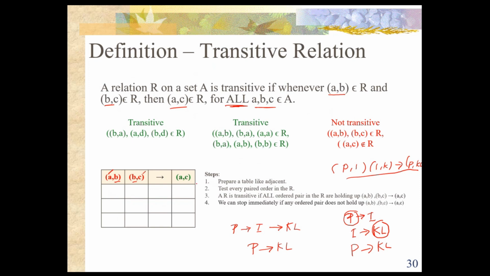All right. Then after that, we'll be looking at the relation. This is another way of writing relation. You can write this way, or you can write this way. All right. So you check one by one. (B,A).